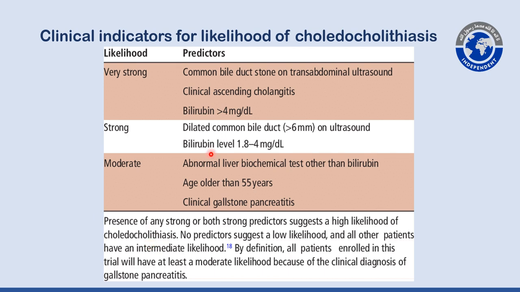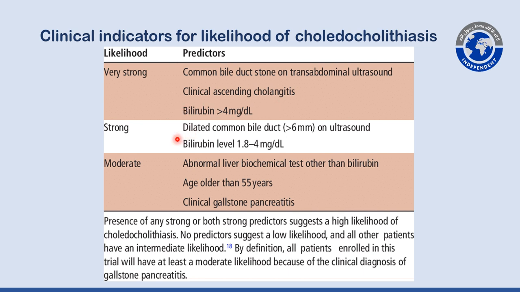The clinical indicators or likelihood for choledocholithiasis have been divided into three. It's very strong likelihood of choledocholithiasis when you can see the stone on the transabdominal scan, or there is evidence of clinical ascending cholangitis, or the bilirubin is high.